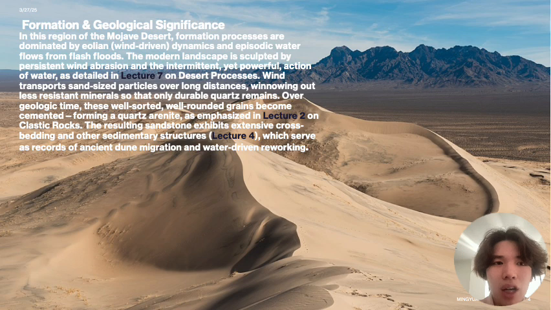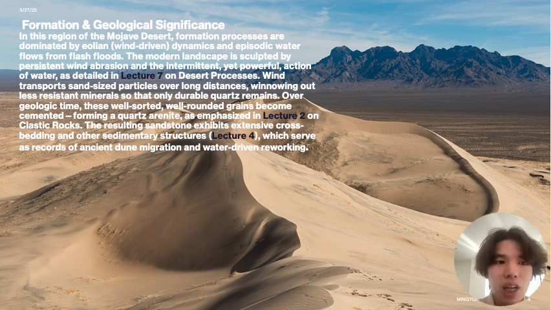When we're talking about how the desert was formed and what its geological significance is, the total cause is wind-driven dynamics and episodic water flow from flash floods. The modern landscape is sculpted by persistent wind erosion and the intermittent yet powerful action of water, as detailed in Lecture 7 on desert processes.